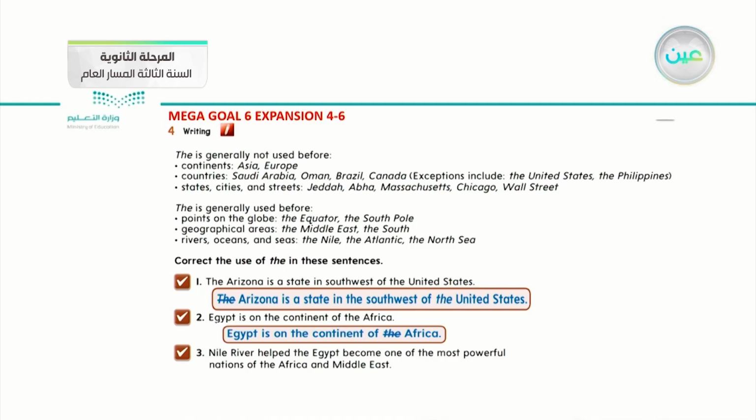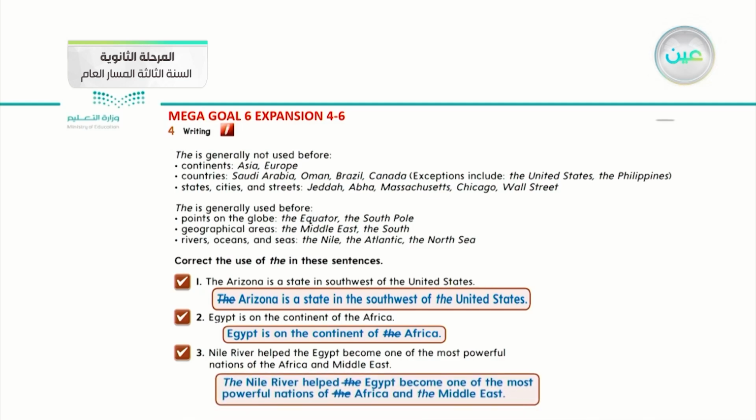Number 3, Nile River helped the Egypt become one of the most powerful nations of the Africa and Middle East. What do you think? What is the wrong one here? We're searching for the article "the", and we should omit it. What do you think the suitable one is? Try to think. Okay, the Nile River.